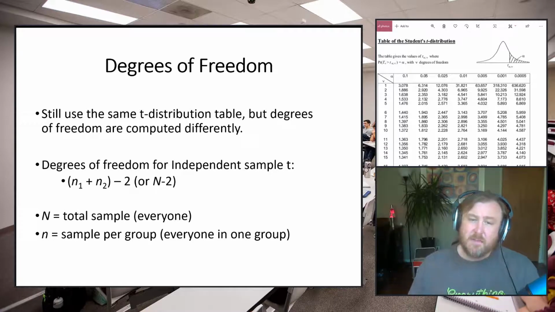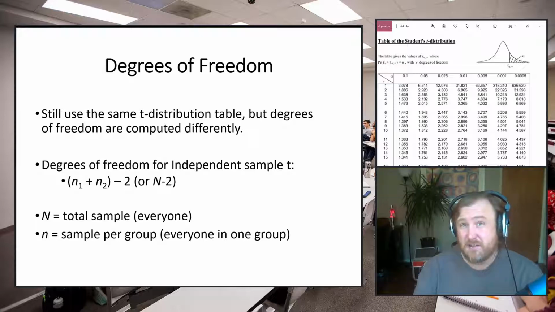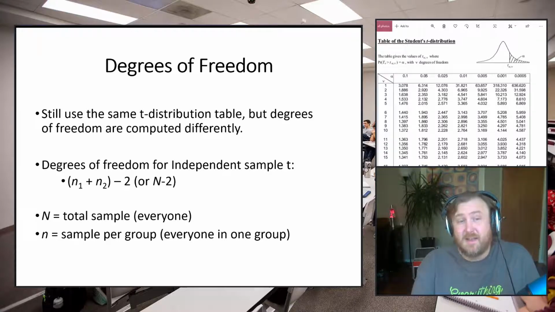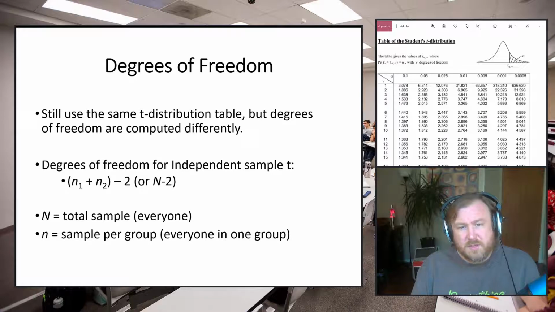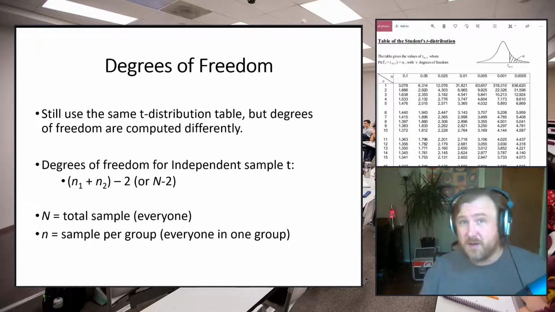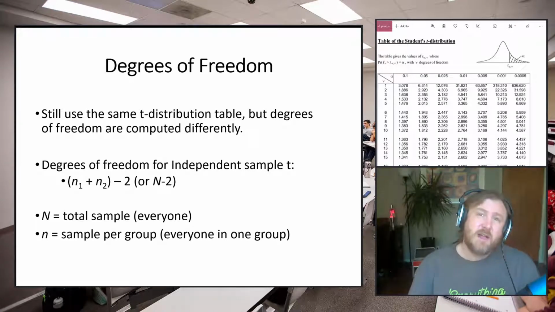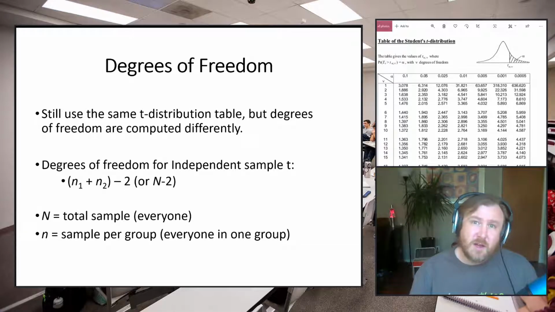Basically, because we're computing using two different standard deviations, or two different samples, in our denominator, each sample has a minus 1 degree of freedom. If you remember, in a correlated groups t-test we were dividing by n minus 1. In a one sample t-test, we're dividing by n minus 1. That's because there's 1 degree of freedom. However, here we have 2 samples, and each one dings us with one degree of freedom.